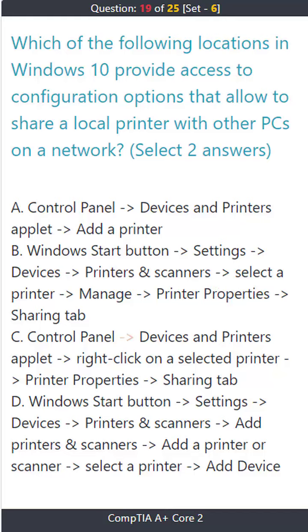C. Control Panel - Devices and Printers applet - right-click on a selected printer - Printer properties - Sharing tab. D. Windows Start button - Settings - Devices - Printers and scanners - Add printers and scanners - Add a printer or scanner - select a printer - Add device.